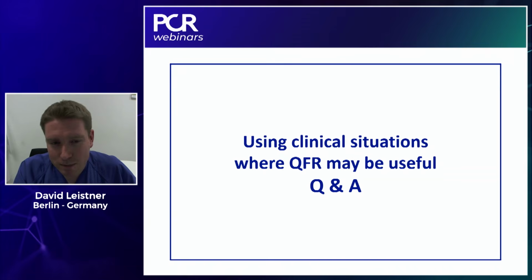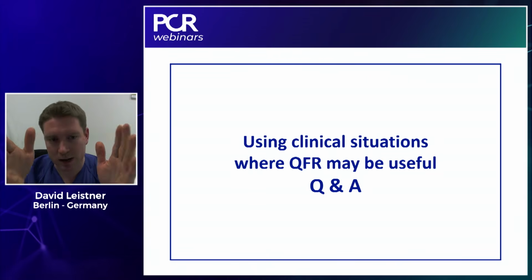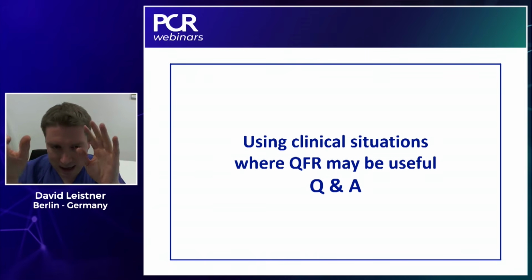So the important question is, you compare QFR to what? We did it also with a large cohort of patients in our study, more than 1,000 patients, and compared it with two things. On the one hand, the resting index, and we compared it with FFR. And with FFR, and this is in line with the FAVOR trial, you have a diagnostic accuracy.